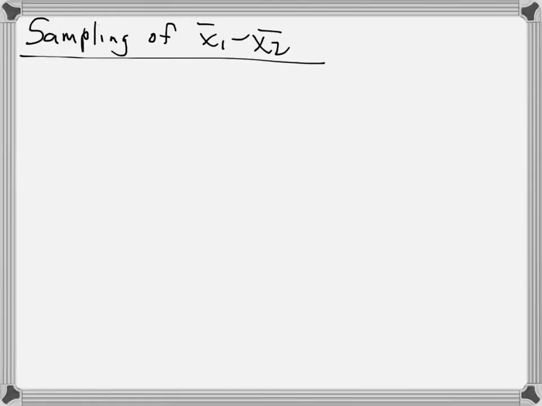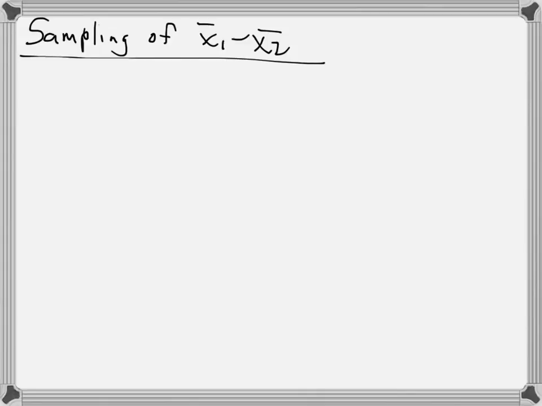So to formalize, what we just found is what's called the sampling distribution of x1 bar minus x2 bar. And like we said before, with sampling distributions, this is always kind of the more theoretical case. It's kind of less likely that we actually know the true parameters of the population.